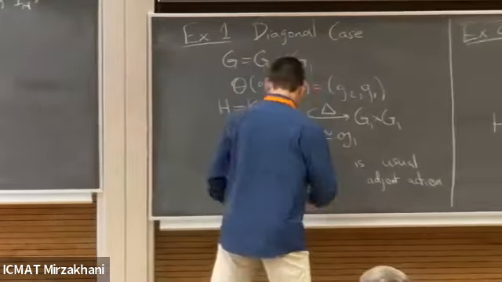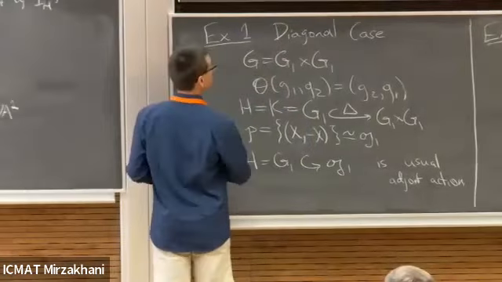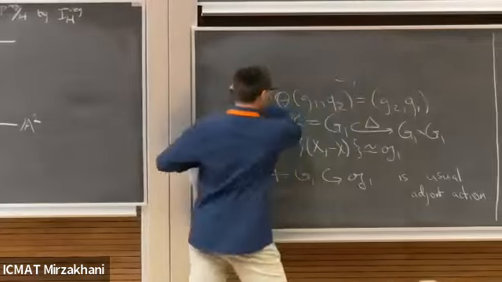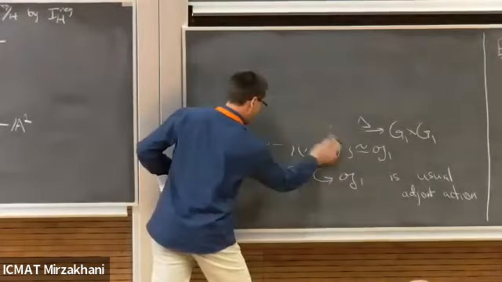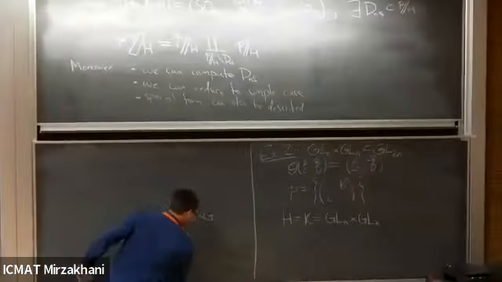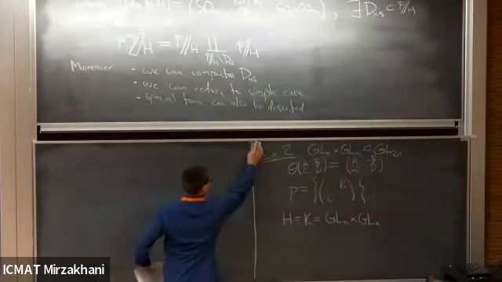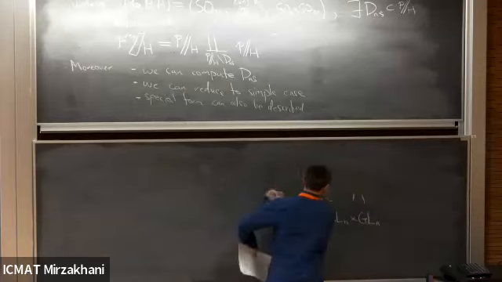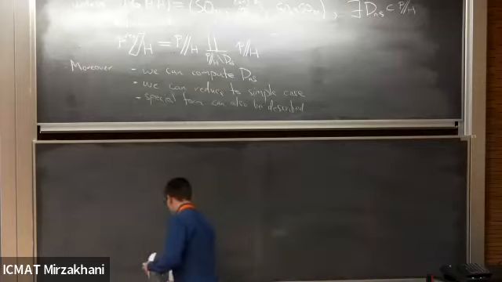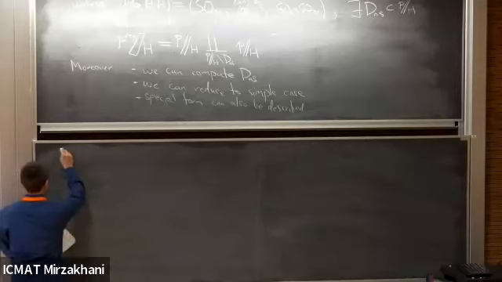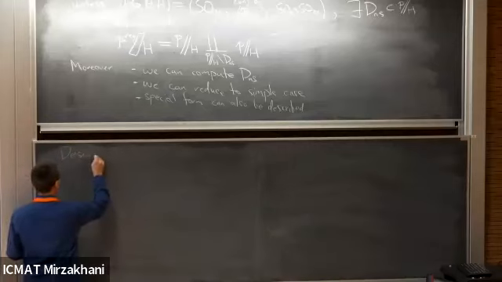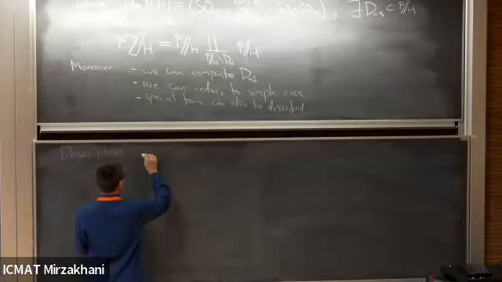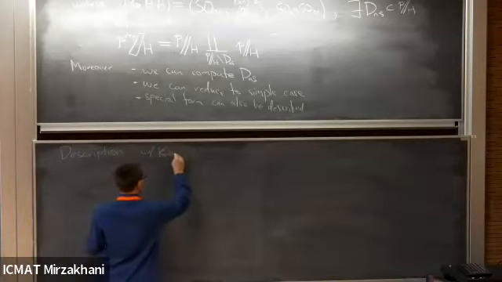Okay. So let me start by giving some description. I'm going to start by just giving some description in terms of gluing, which I'll use to rephrase things. So start with this description with quotient sections.